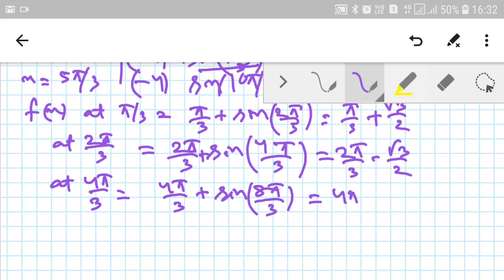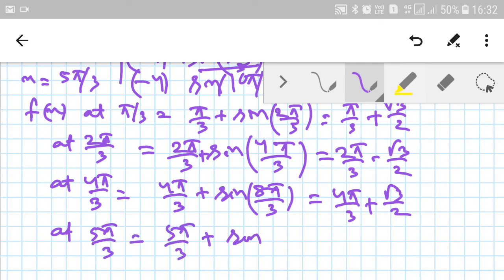So this is 4 pi by 3 plus root 3 by 2, and at last at 5 pi by 3, it will be 5 pi by 3 plus sine, this one will be 10 pi by 3. So it will be 5 pi by 3 minus, again it will be root 3 by 2.